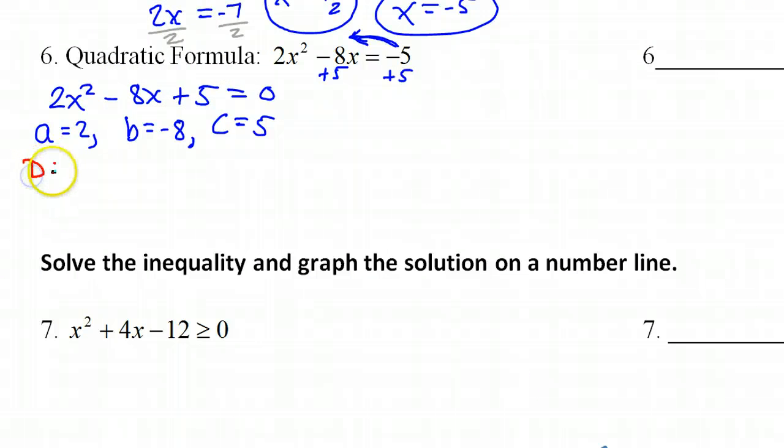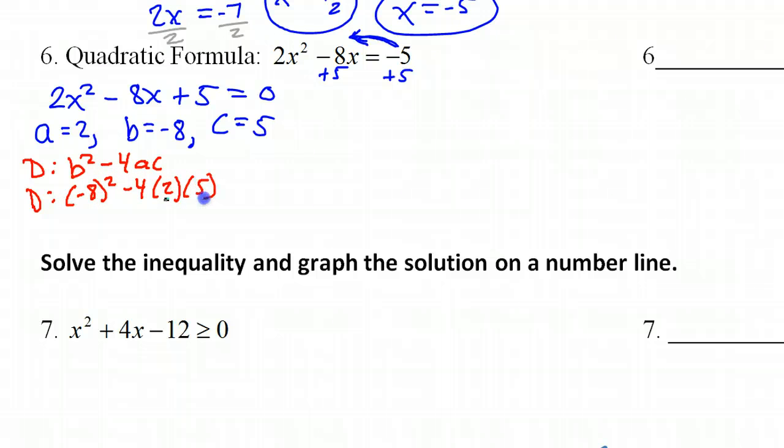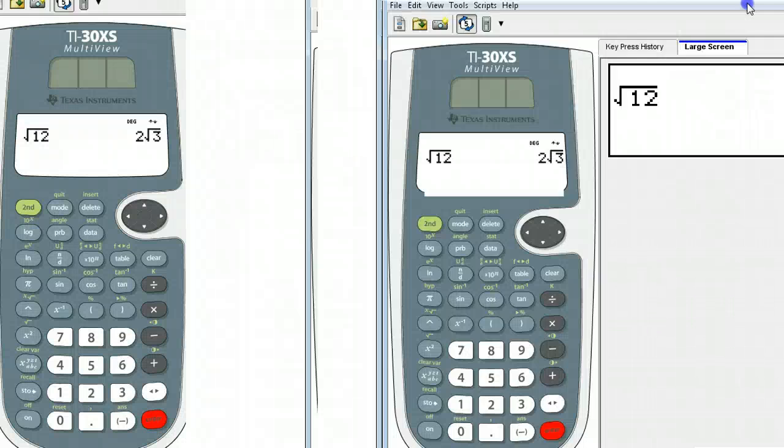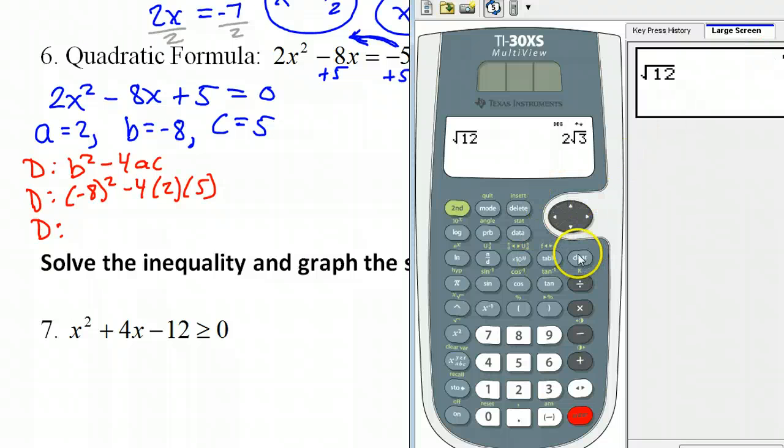So I think I'm going to do this in a different color. So our discriminant, our b squared minus 4ac, is negative 8 squared minus 4 times 2 times 5. So let's see what that is. Negative 8 squared, that's positive 64.